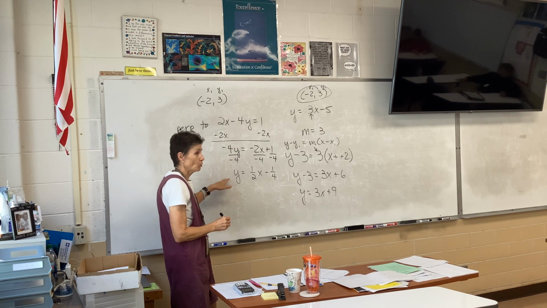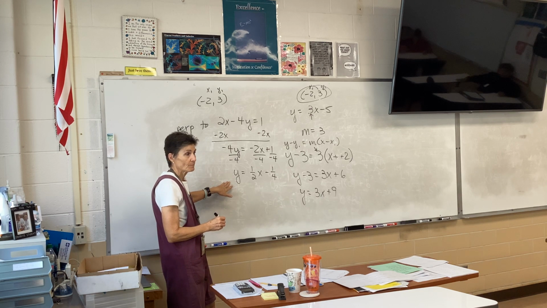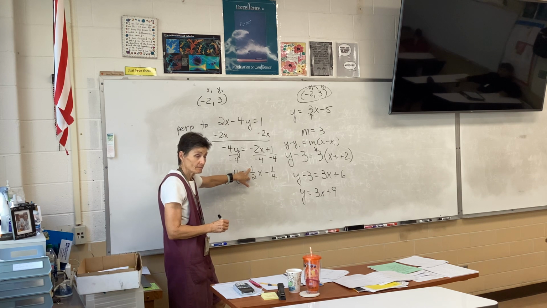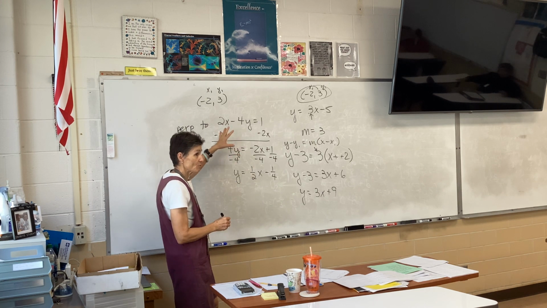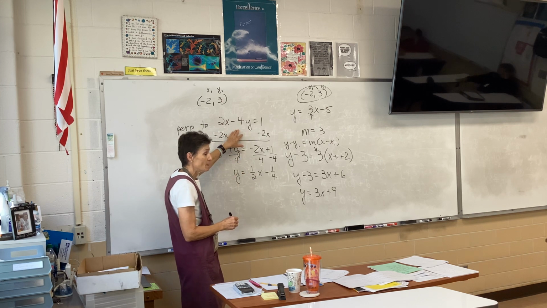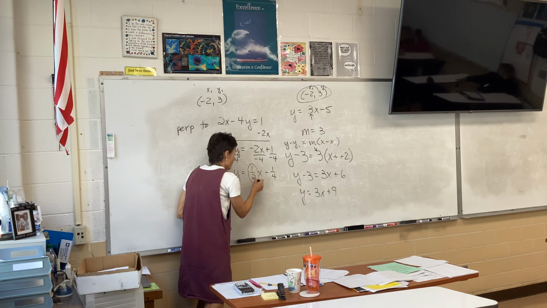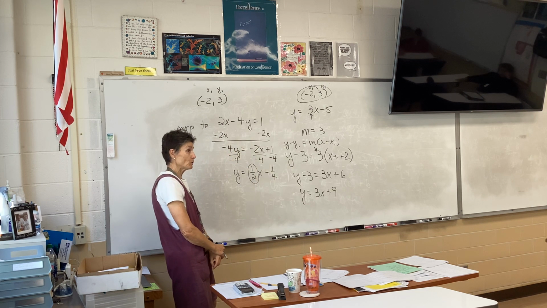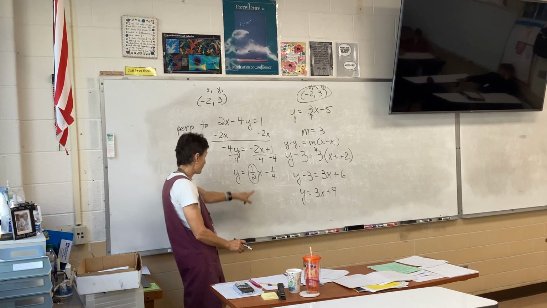What is the slope of that line? Well, the slope of this line is 1/2. So does everybody understand? Step 1 was we had to get y by itself so that we could find the slope of this line. If we were doing parallel, we would use that number.